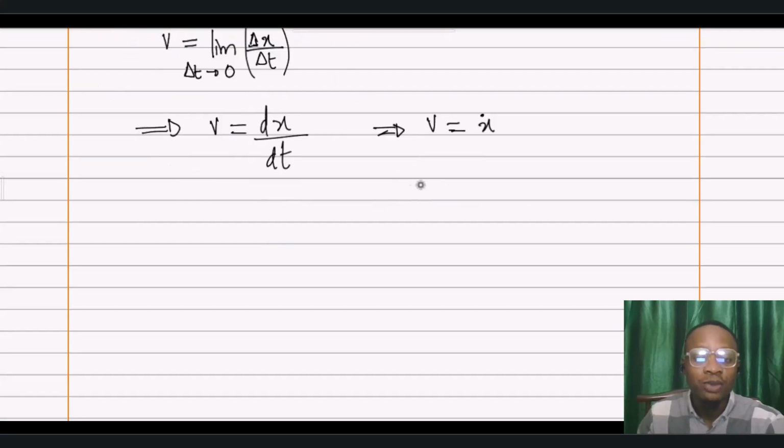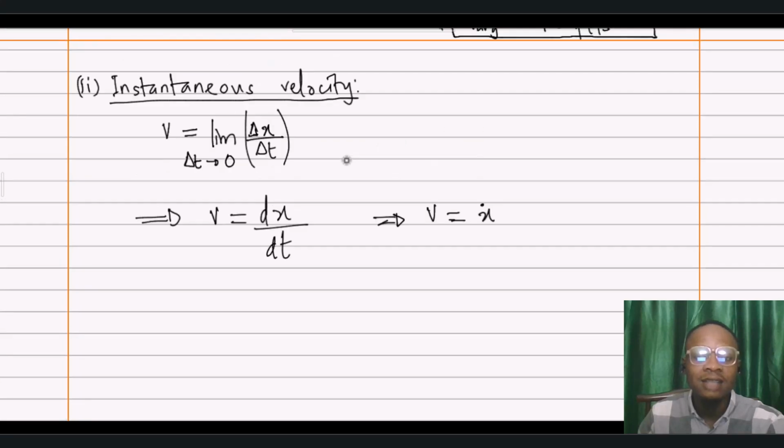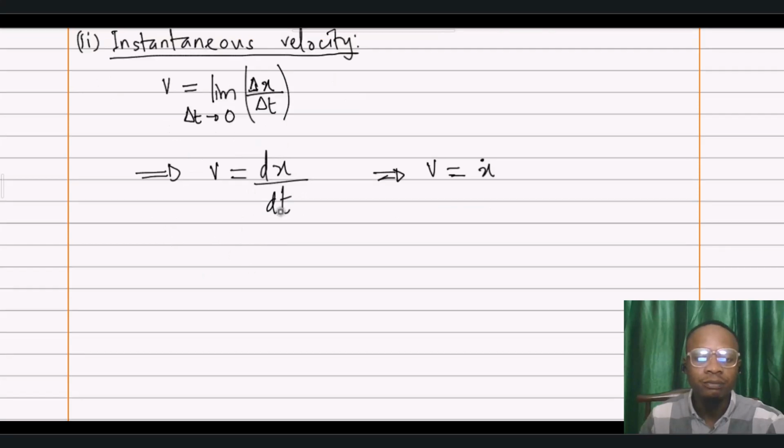For us to get the instantaneous velocity, or velocity at an instant of time, we should first have x defined as a function of time. That is when we can clearly carry out this differentiation. To define the motion of the body, we need x to be given as a function of time.